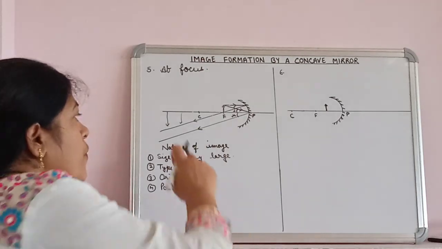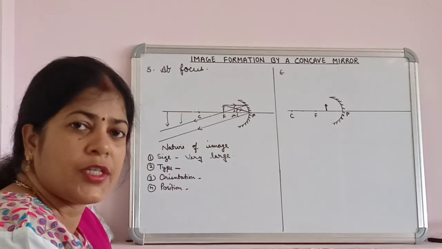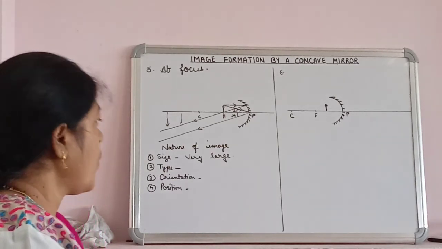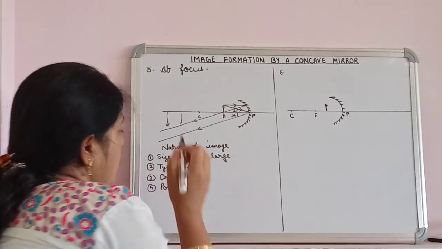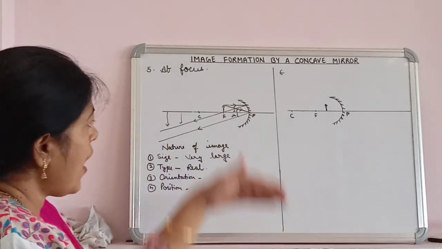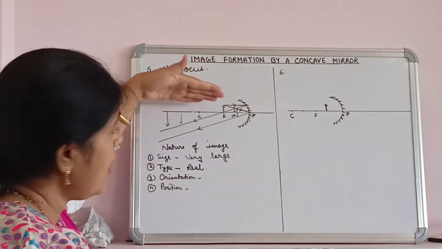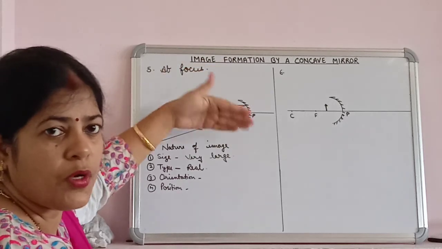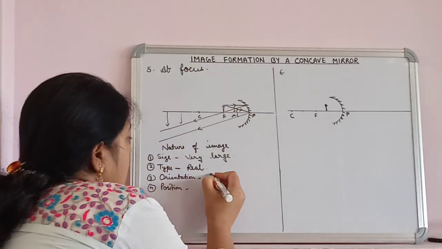Type: whenever the image is formed due to the actual intersection, it is going to be a real image. And the orientation: as the object is kept above the principal axis and the image is going to be formed below the principal axis, it is an inverted image.